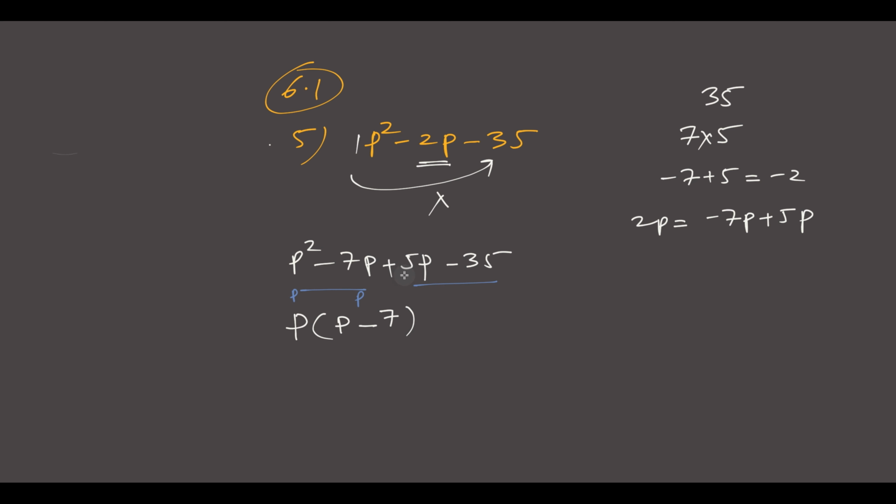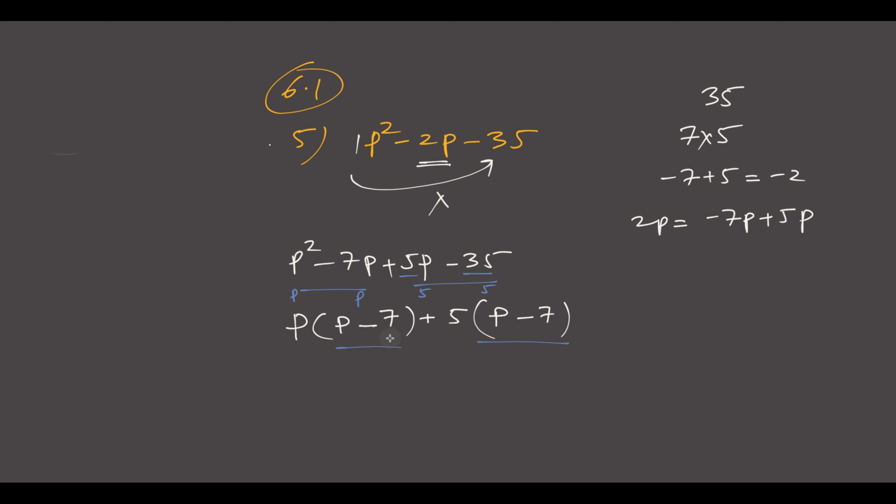Now what is common in this one? It is just that p is not common here. So 5 and 35, what is common here? It is plus 5. We have to divide by the 5. Now 5 is cancelled, then the remaining is p, minus 35 divided by 5 is again 7. Now we can see the bracket is common, so we are going in the right direction.